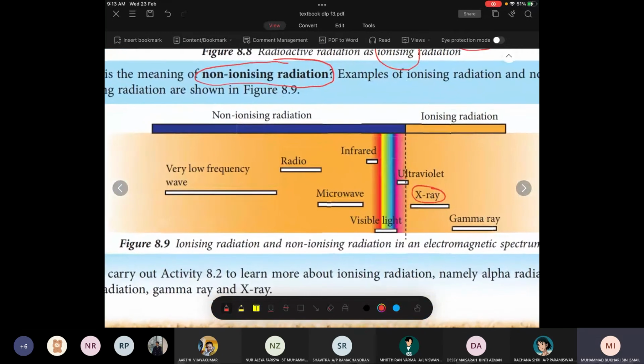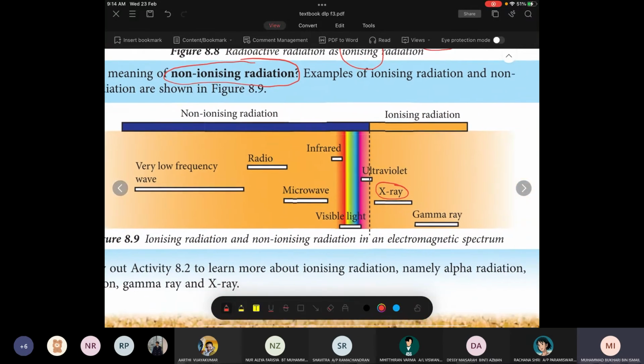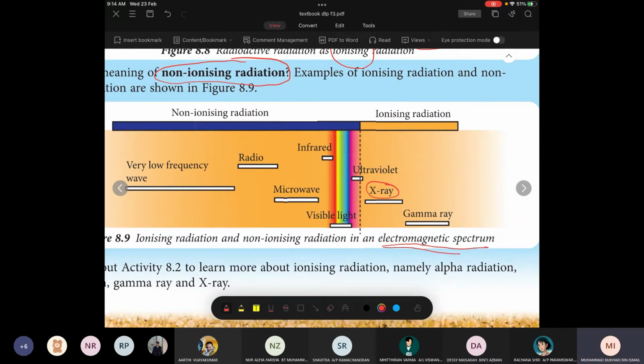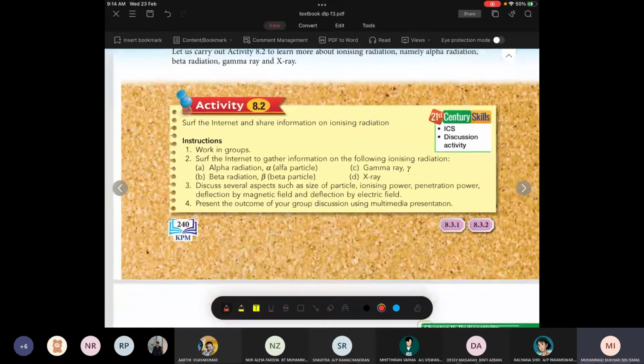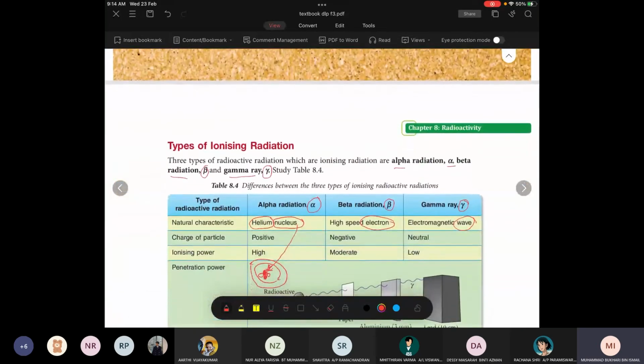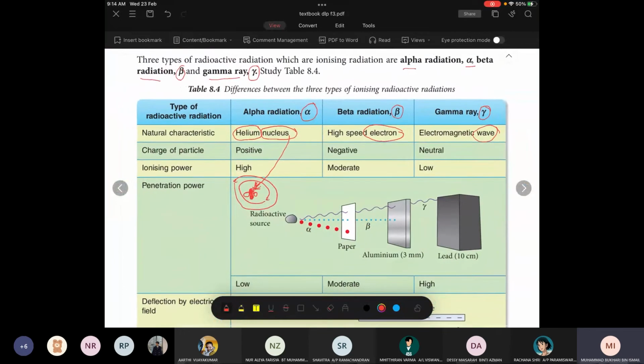Here it is. In the electromagnetic spectrum, we have other types of wave, for example radio wave, infrared, microwave, visible light, ultraviolet, X-ray, and one of them is gamma ray. So gamma ray is a type of electromagnetic wave, and you can find it in the electromagnetic spectrum.